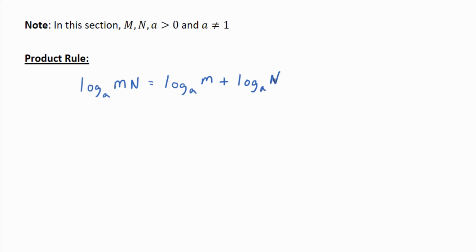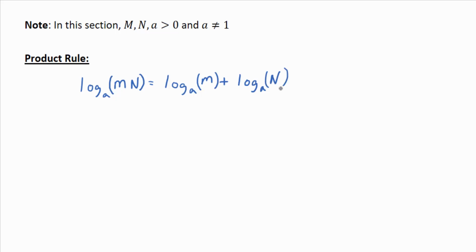So in other words, on the left side, the input to the log function is the product, m times n. Log base a of m times n, we're saying that's equal to log base a of just m plus log base a of just n. Again, the parentheses around the inputs for a log function are optional. But it's the log base a that's the name of the function.